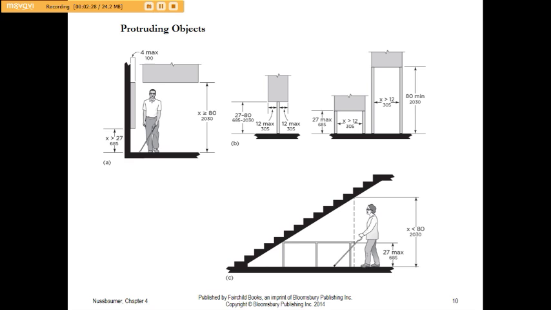It affects handrails, it affects lighting, it affects wall sconces, and any number of things. So this is important to be sensitive to. And also overhead clearances. We need to have an overhead clearance of 80 inches. So anything from 27 to 80 inches is required to be under 4 inches deep.